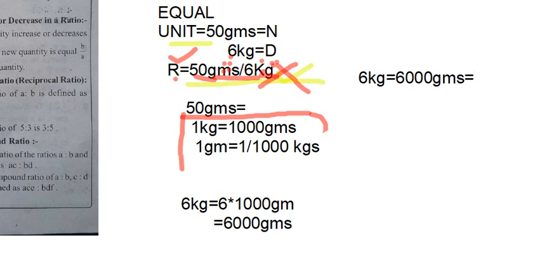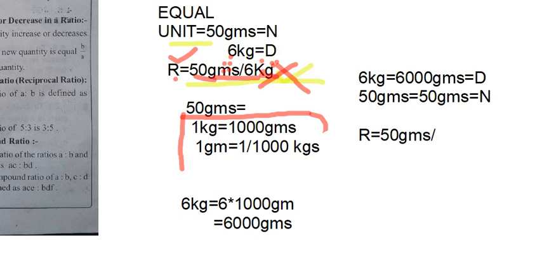The 50 grams is 50 grams only, because I have already converted kgs into grams, so I don't want to change these grams in the numerator. Now our ratio is equal to 50 grams in the numerator divided by 6000 grams in the denominator.